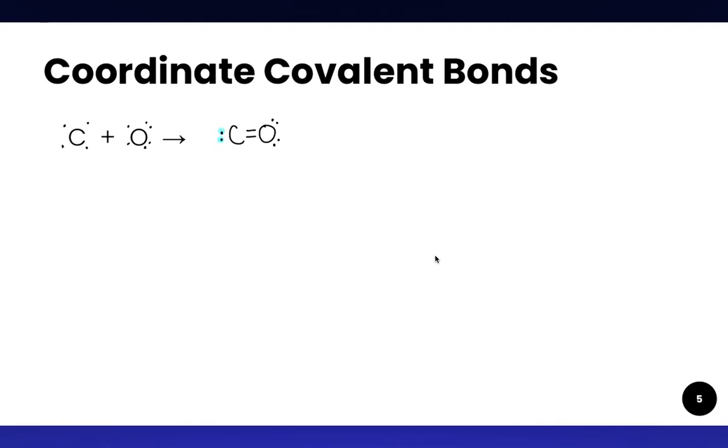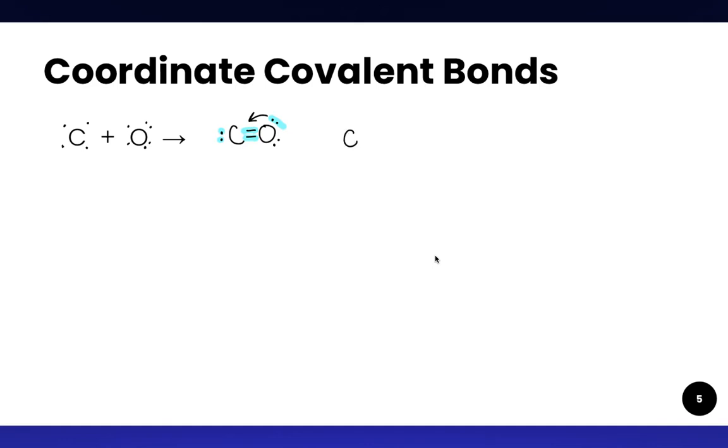1, 2, 3, 4, 5, 6 electrons. It still doesn't have a full octet. And right now, oxygen does have a full octet. So oxygen doesn't really want any more of carbon's electrons, and it doesn't want to form any more typical bonds. So what oxygen will actually do is form a permanent covalent bond where it supplies all of the electrons in the bond.